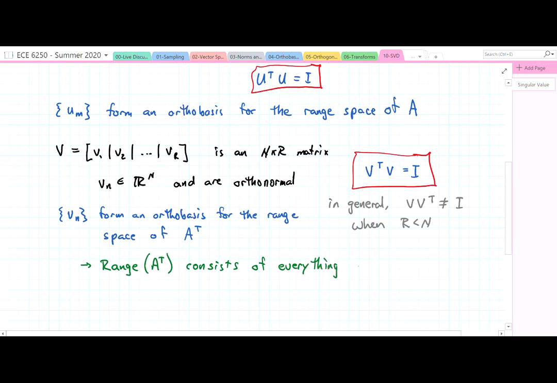The range space of A transpose consists of everything which is orthogonal to the null space of A. So in other words, the range space of A transpose is everything that A does not kill.